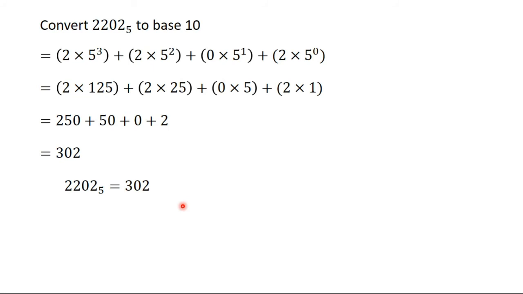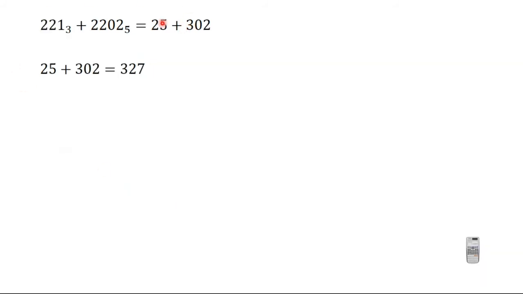So we now have 221 base 3 in base 10, which is 25. We have 2202 base 5 in base 10, and that is 302. So we can add them. Addition in base 10 is fairly simple, so 25 plus 302 in base 10 will give us 327.